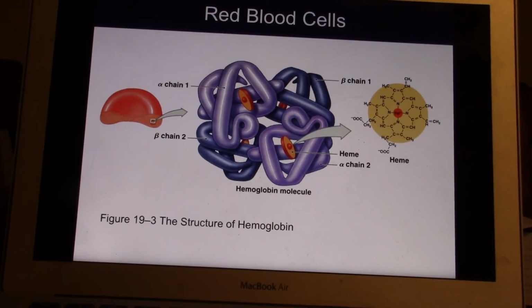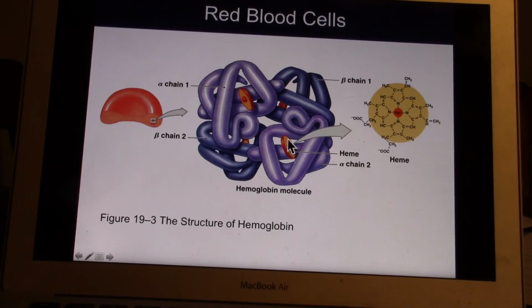Here's a little picture. Here's a red cell, and down in it it's just chock full of these molecules of hemoglobin like this. Each molecule has 4 parts, 1, 2, 3, and 4. 2 alpha chains and 2 beta chains. Each of them has a heme molecule.